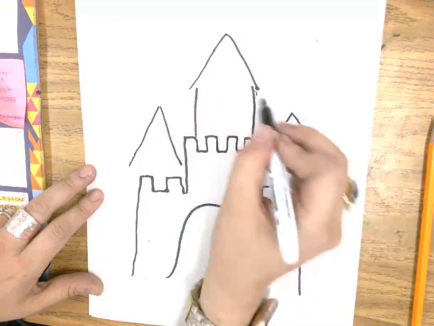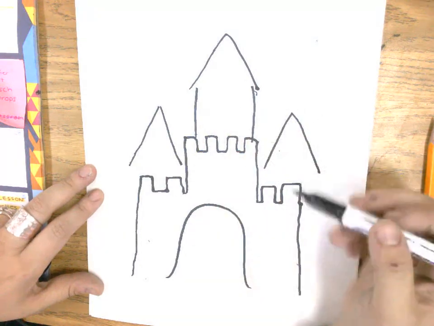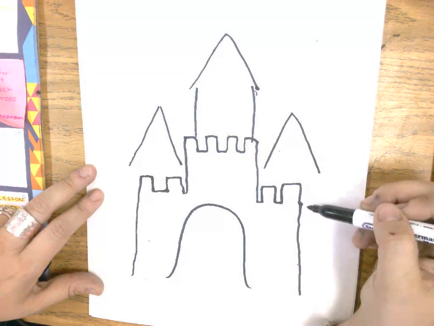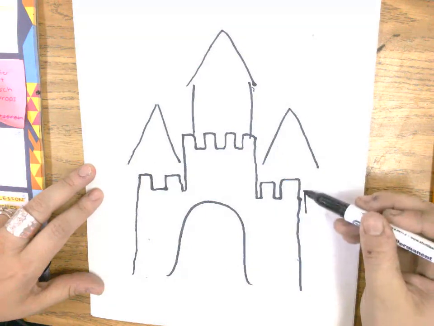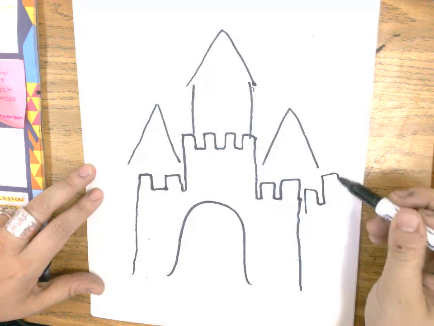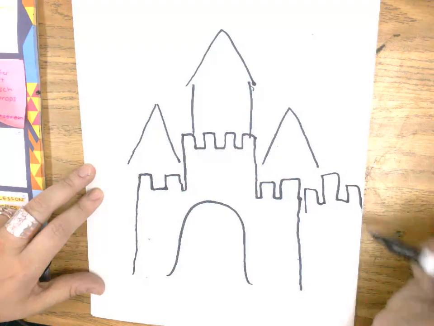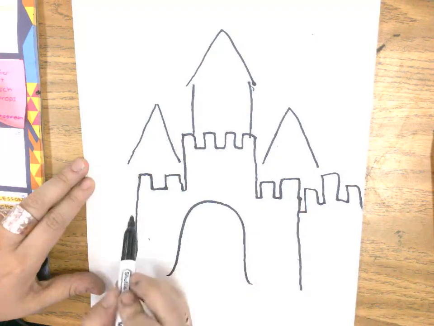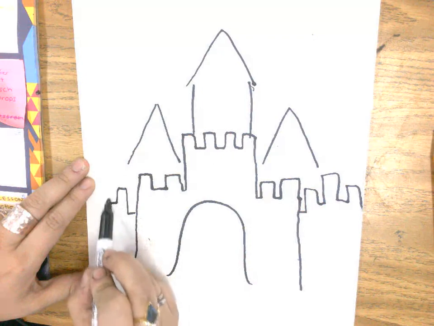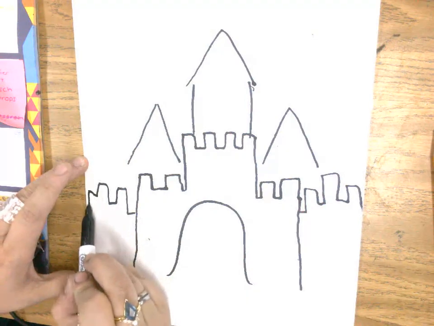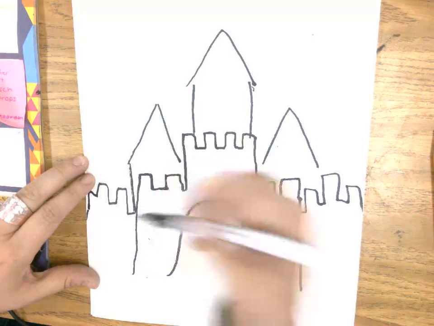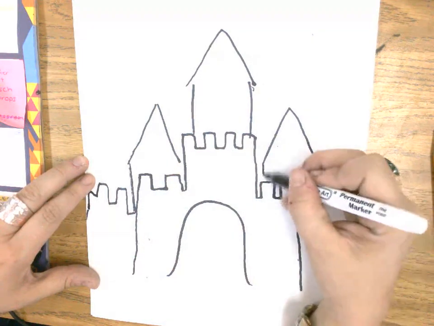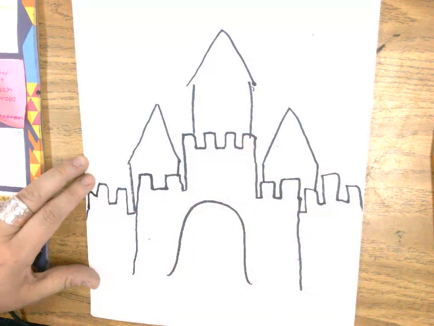And I'm leaving these open at the bottom because I kind of want to add some details in there. Then I'm going to add some more of these shapes. Kind of make it really stand out. So it's really up to you how you want to make your sandcastle. Just go down. Good job.